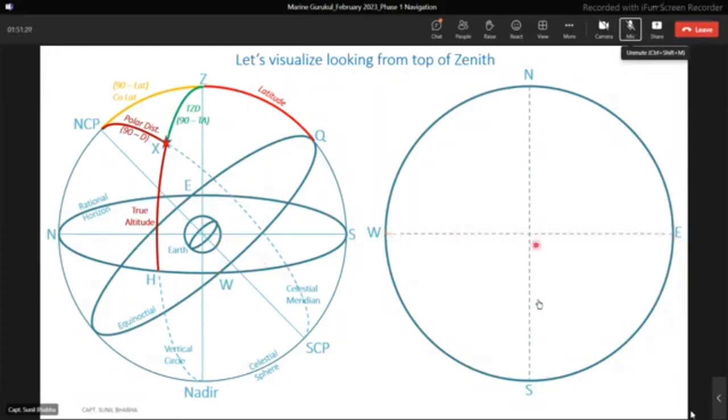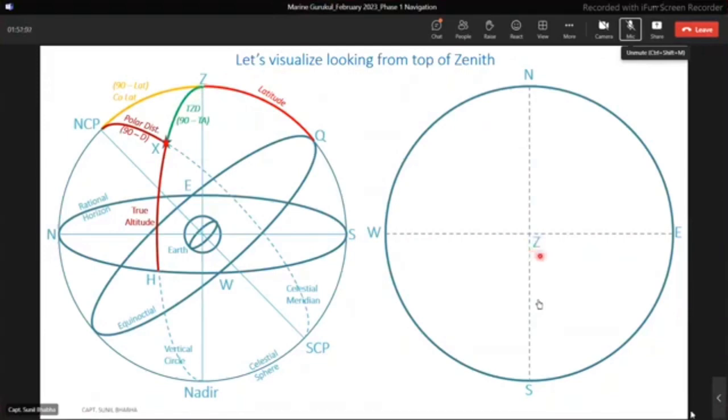So you see, this is the W to E vertical circle line which we visualized in the celestial sphere, and exactly in the center you will have this Z point. When you look from top, the circumference will be the rational horizon, and this Z point, that is the zenith of the observer, will be exactly in the center. So let us show this Z point exactly in the center here. You have the Z point here at the center.